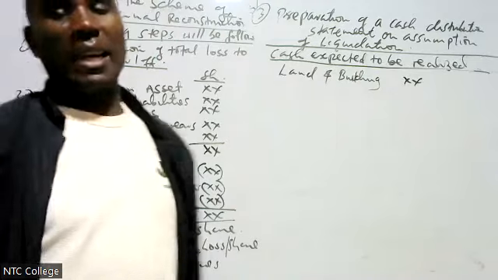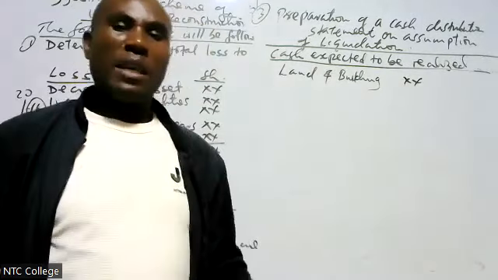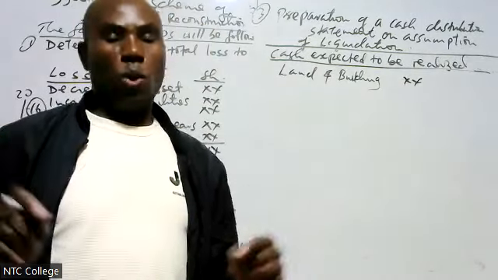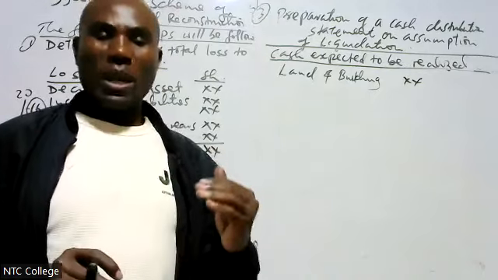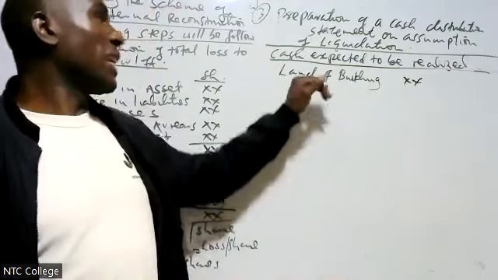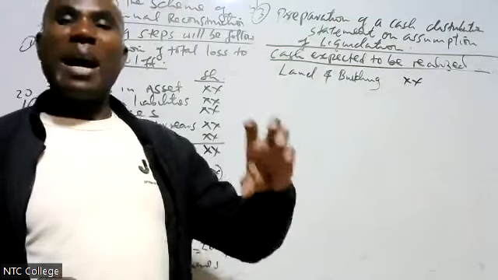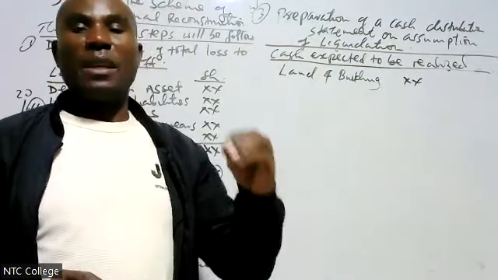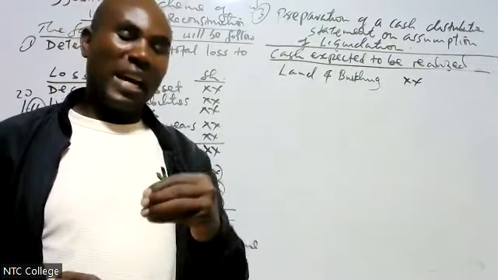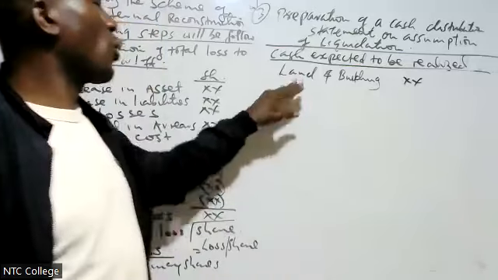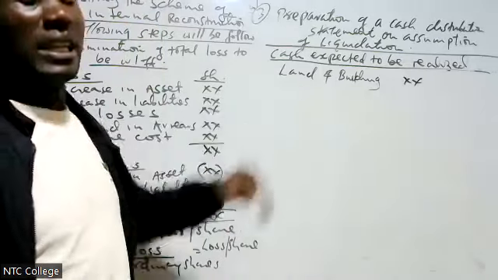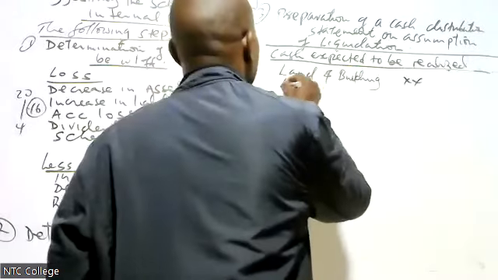Listen very carefully to this one. Maybe I took a loan and I secured this loan on land and building. Remember, I cannot sell land and building unless I pay that loan. Therefore, if I secured anything on land and building, I must less security.